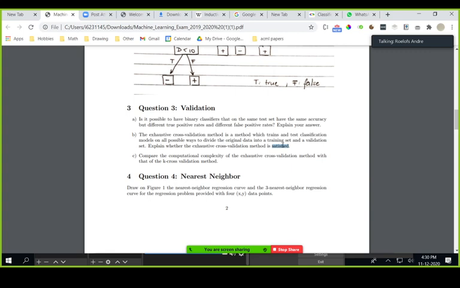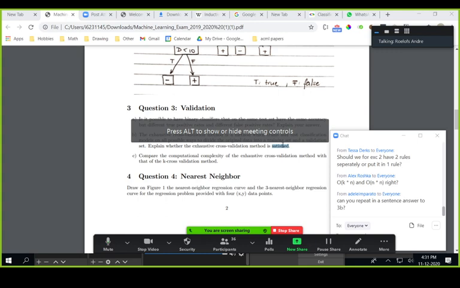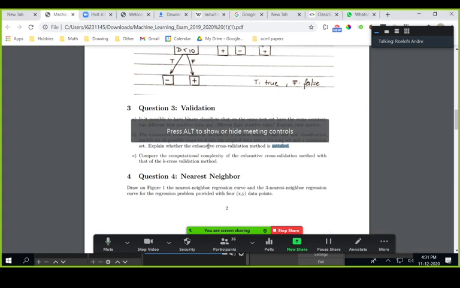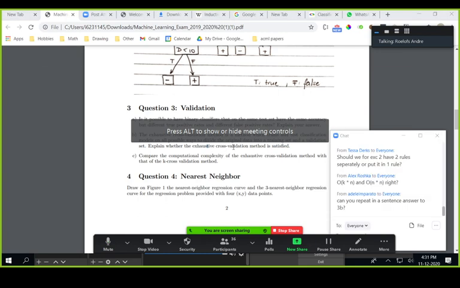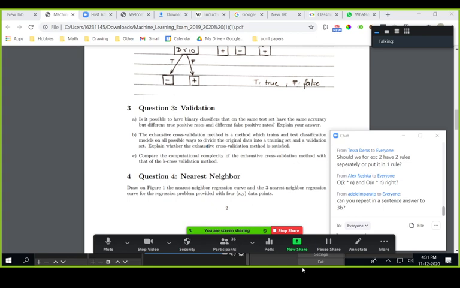So if you have 60% of positive samples in your train set, then you should also have 60% of positive samples in the validation set. So in this case, the exhaustive cross-validation is not stratified.